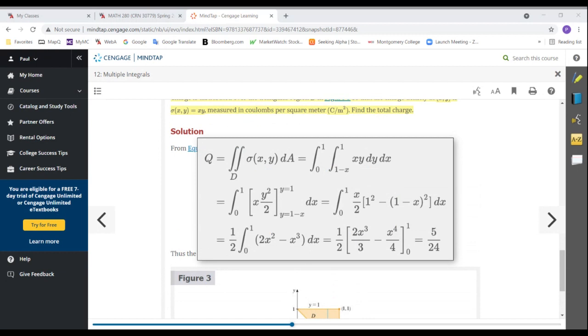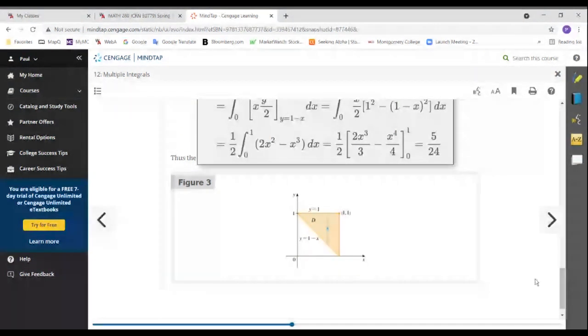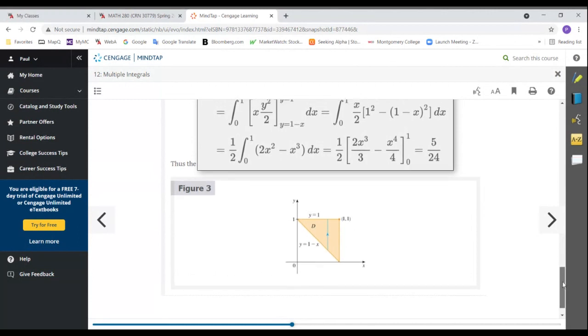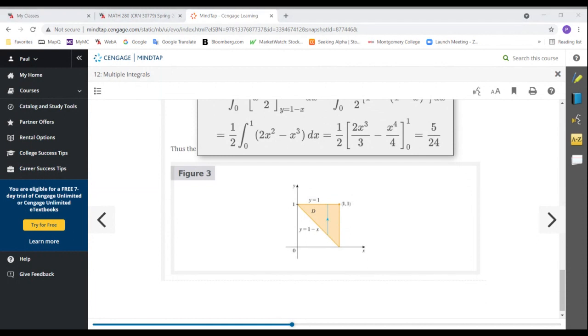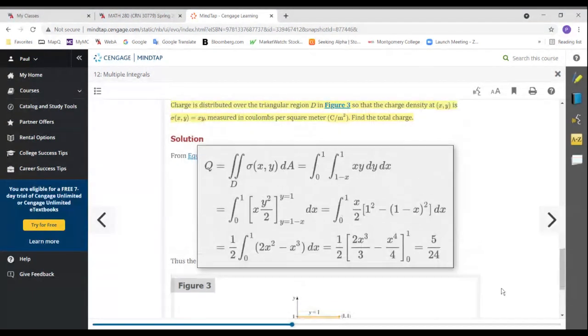So here is the charge then. If we go back to the triangle, the bottom bounding function is y equals 1 minus x, and the top function is y equals 1. And then the limits go from 0 to 1. So based on that, here's how we would find the charge.